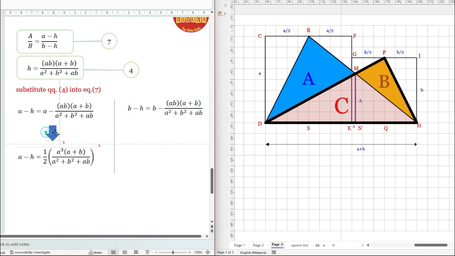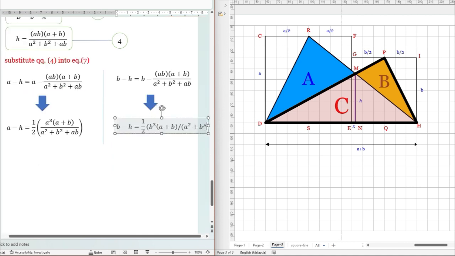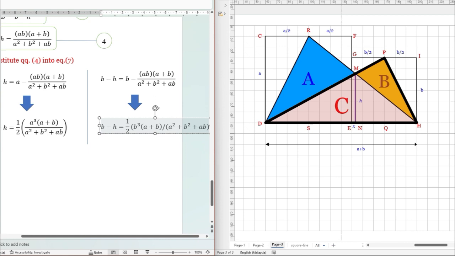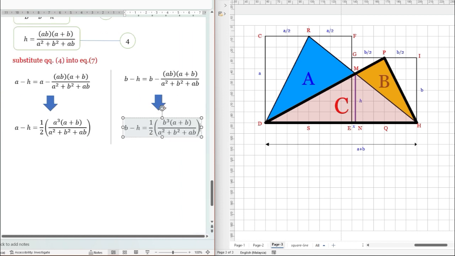So when you solve this one, you'll get B minus H equal to 1 over 2 B cube (A plus B) over A square plus B square plus AB. So B minus H is this one.